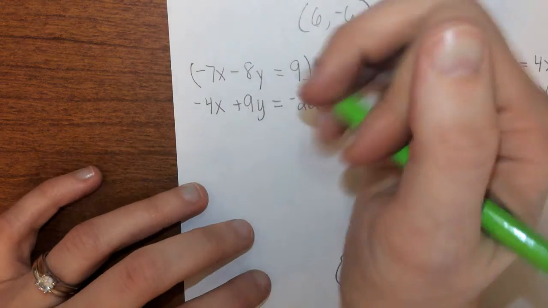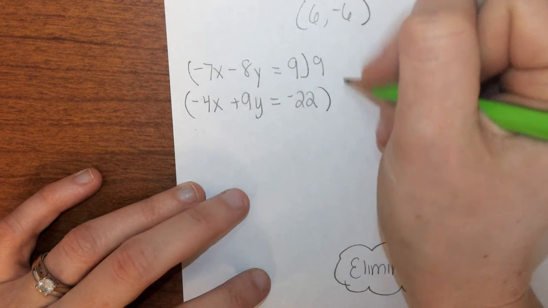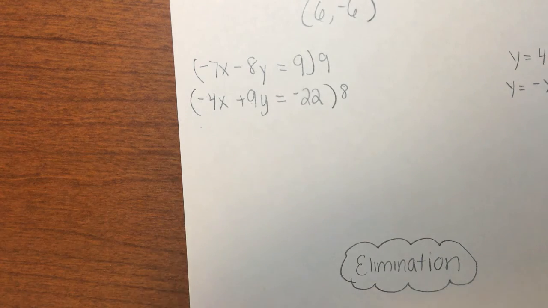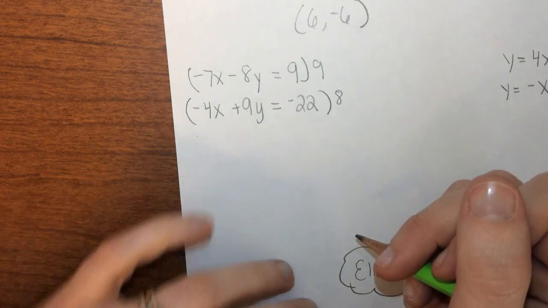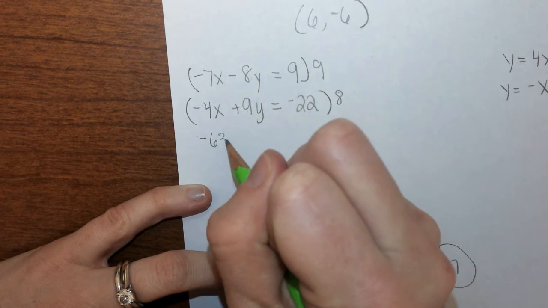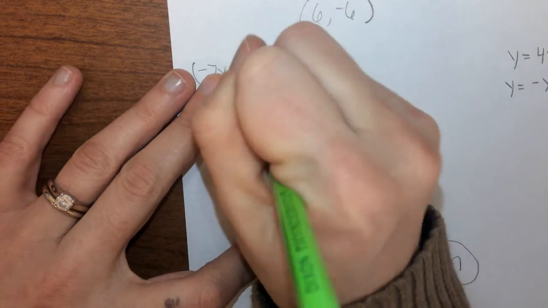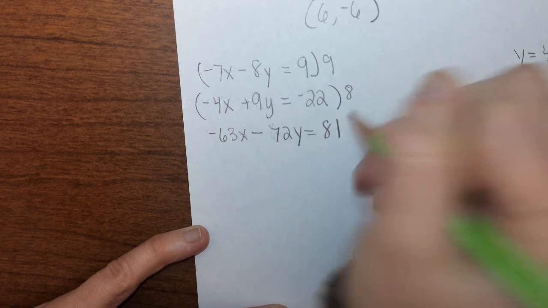This is a little crazy. And then I'm going to multiply the second equation by 8. In that way, you end up getting your y's to cancel out. So the first equation, when I multiply it by 9, would be negative 63x minus 72y equals negative 81.